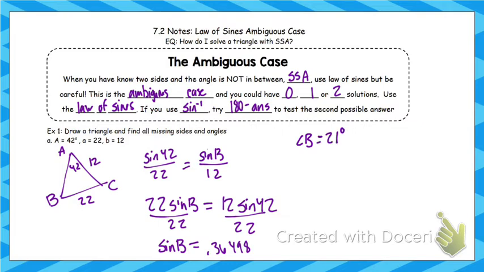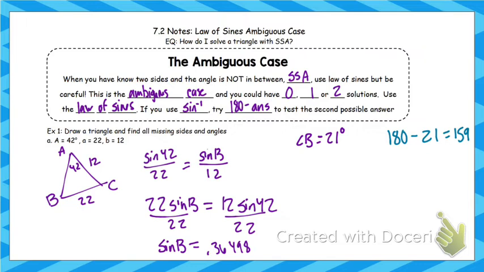Now, like I said, if we use sine inverse, there actually are two possible answers here. We'll get into a lot more about the reason for this when we do some inverses in a future unit. But what you also can think about is your triangle, because the angles add up to 180. So our second possible answer is 180 minus 21 degrees. So angle B could be 21 or angle B could be 159.